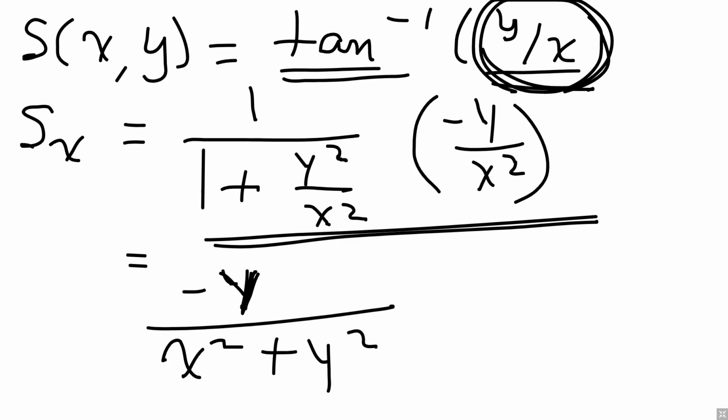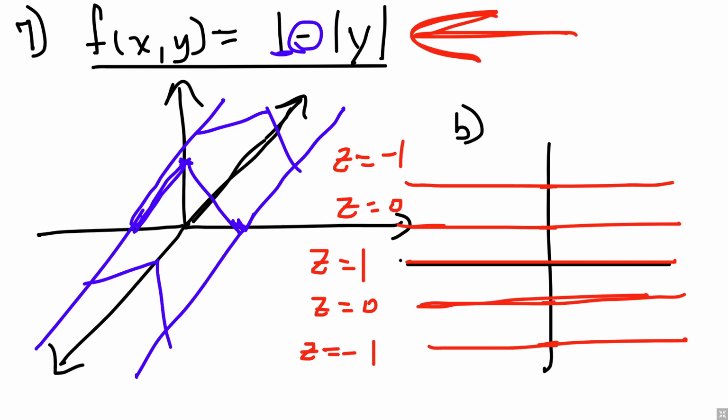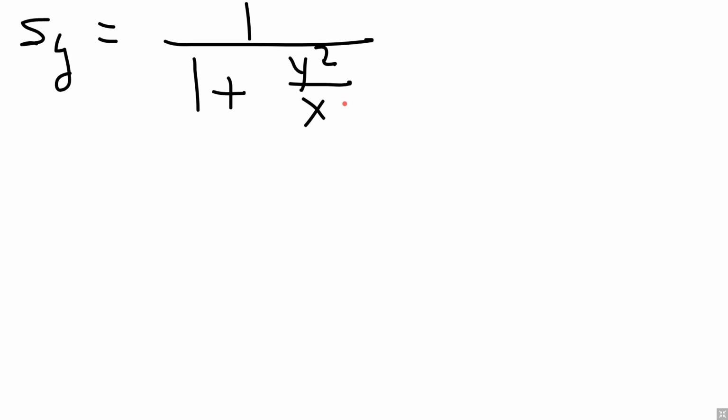Okay, so next, let's do the partial in respect to y. Okay, so if we do the partial in respect to y, it's going to start off the same way. So it's going to be 1 over 1 plus y squared over x squared, times. Now, when we take the derivative of y over x in respect to y, that's going to give us what? 1 over x.